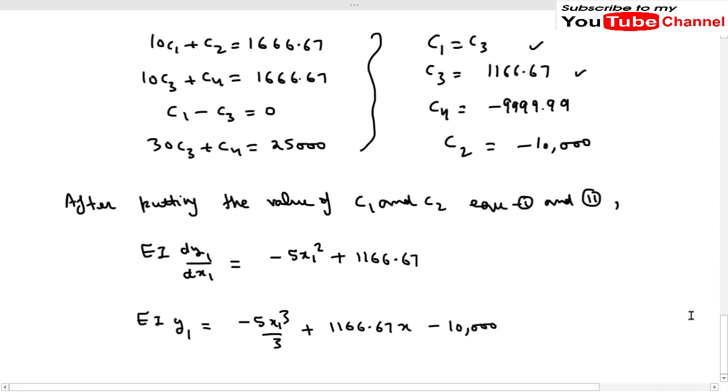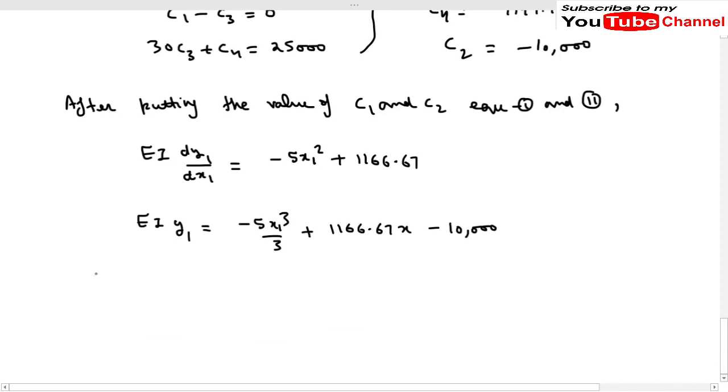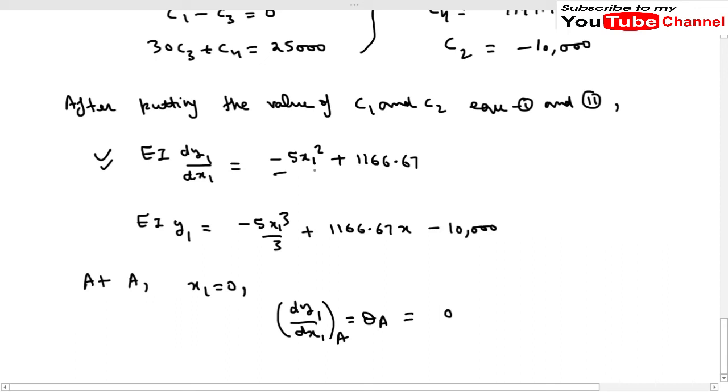Now for finding the slope and deflection at end A, simply put x1 is equal to 0. So from this equation we will get the slope, EI dy by dx, or you can say theta A at A. Because dy1 by dx1 at A will be equal to theta A, and this will be equal to minus 0 because x1 is 0, so this term will be 0, plus 1166.67 divided by EI.